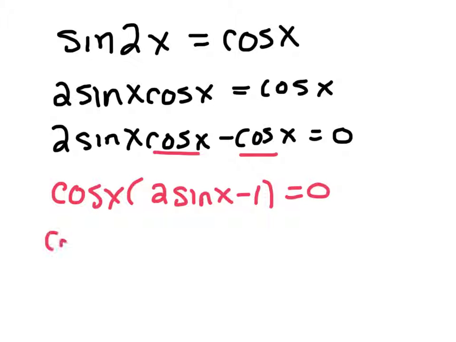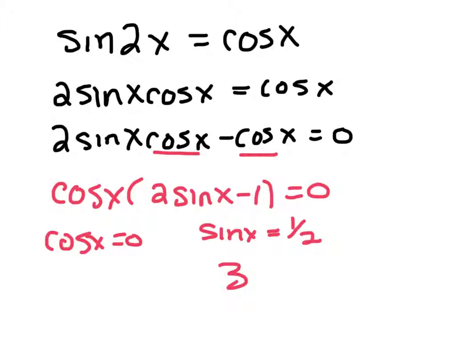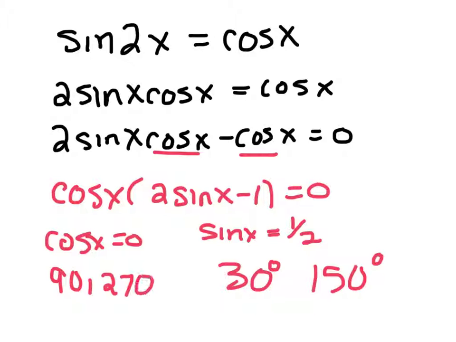So this is true when the cosine is 0 or when the sine is 1/2. And the sine is 1/2 at 30 degrees and at 150 degrees. And the cosine is 0 at 90 degrees and at 270 degrees.